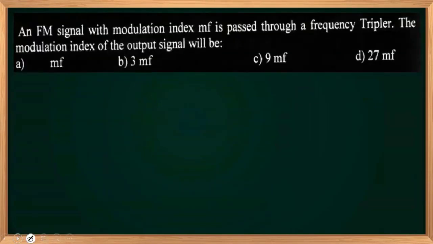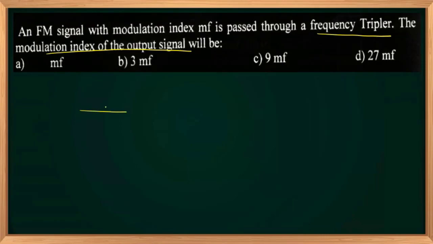An FM signal with the modulation index MF is passed through a frequency tripler. The modulation index of the output signal will be?